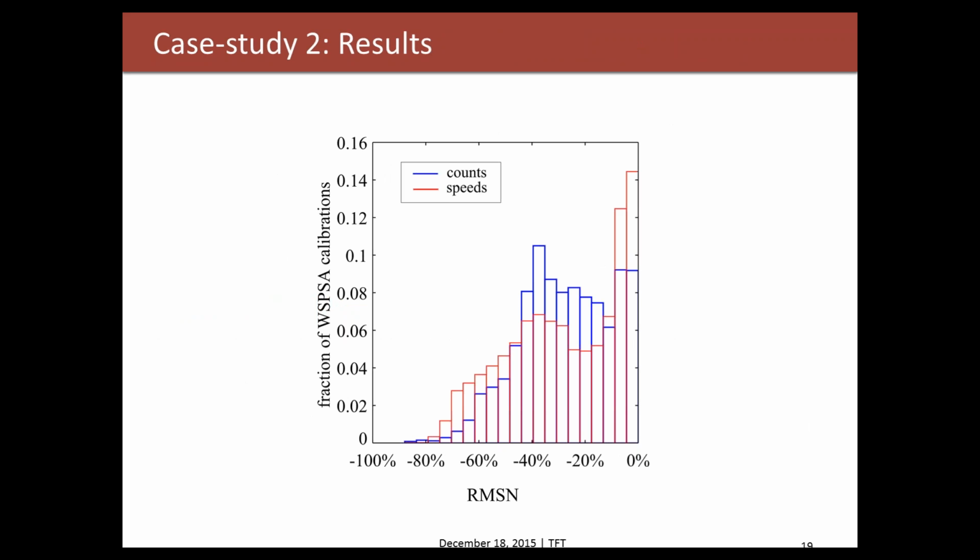And so in this graph, we see the 6,500 calibrations that we had to run, so it's different from the first case study where we only did 1 calibration. Here we had to do 6,500. We see the distribution of the reduction of the RMSN for both counts and speeds. So you can see that the majority of the reductions are between 20 and 60% on the RMSN.